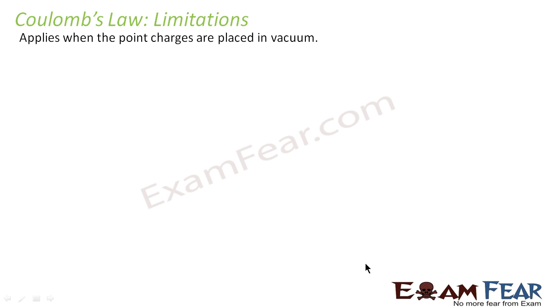Coulomb's law applies when the point charges are placed in vacuum. Firstly, it applies for point charges, that is charges whose dimensions are very small. Secondly, it applies when the charges are placed in vacuum. That means there is no material medium as such. Because if the charges are placed in some kind of matter, then there will be charges in the medium as well.